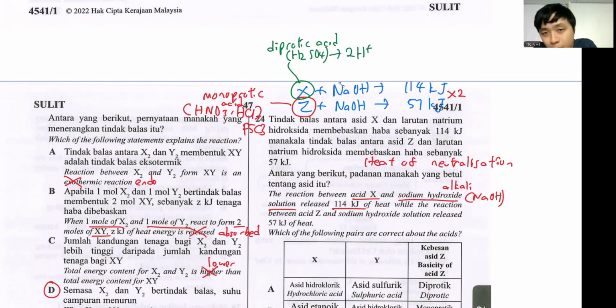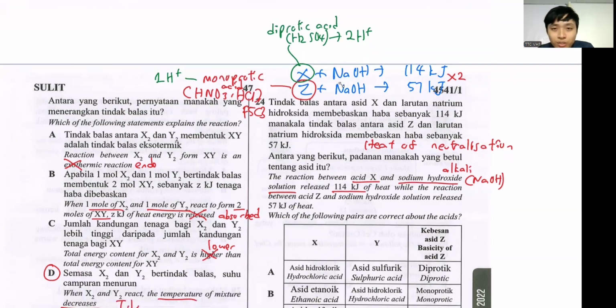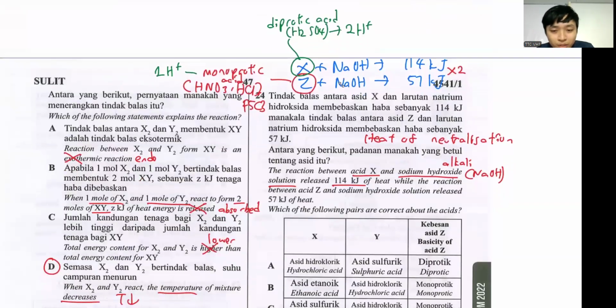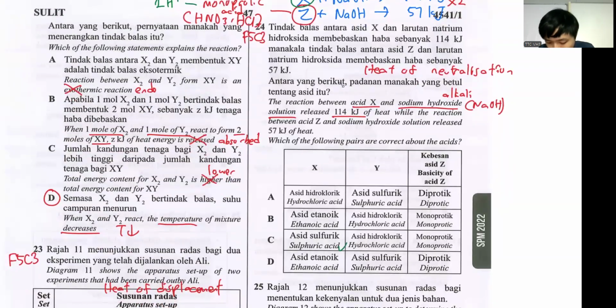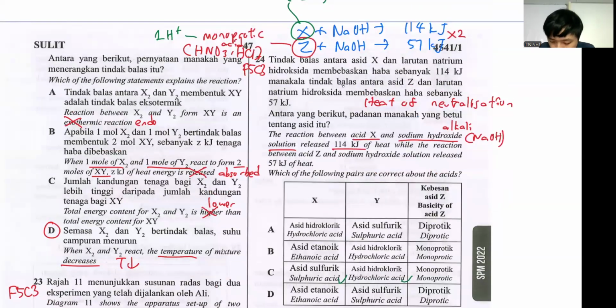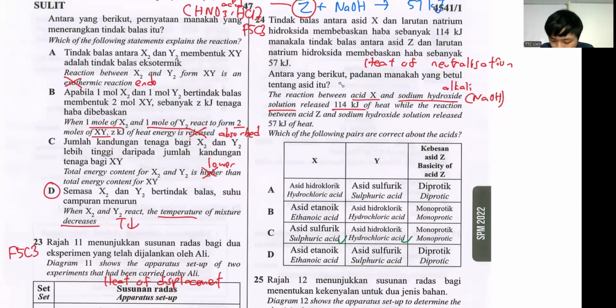That is why the concentration of hydrogen ion is double, and that is why the heat released is also double, whereas monoprotic acid only produces 1 mole of hydrogen ion at a time. So of course X is sulfuric acid, C. Then Y is hydrochloric acid. Basicity of Z should be monoprotic. Correct?